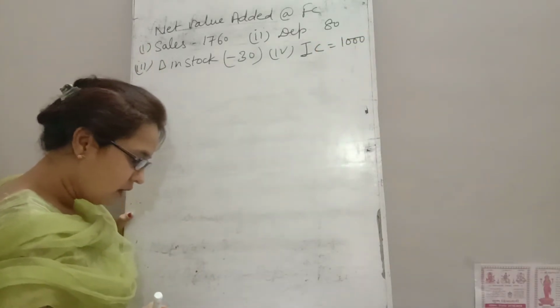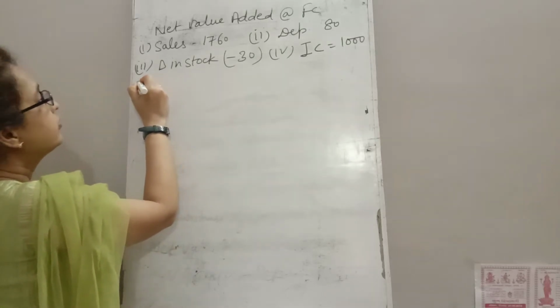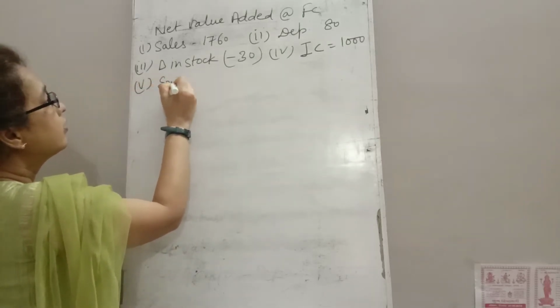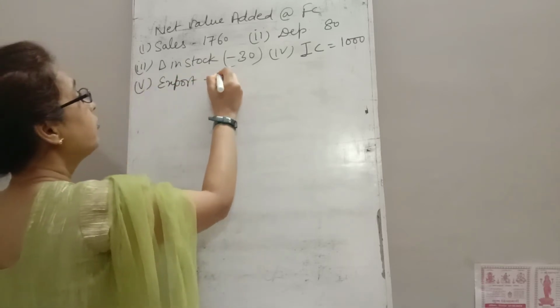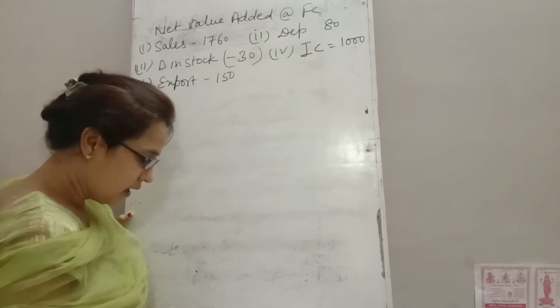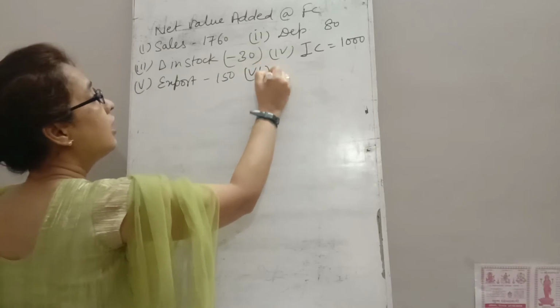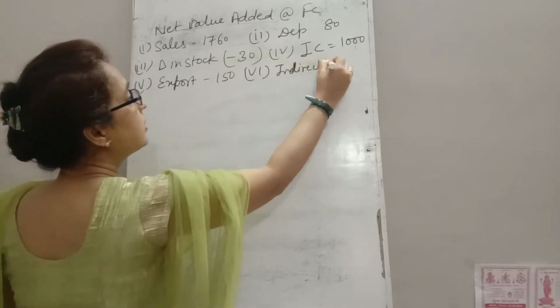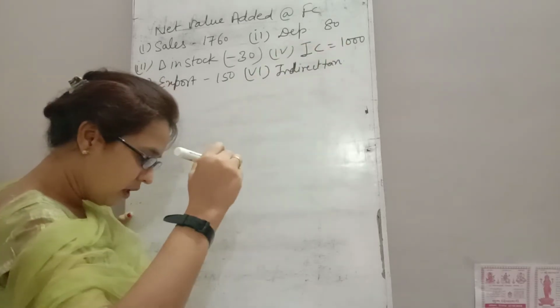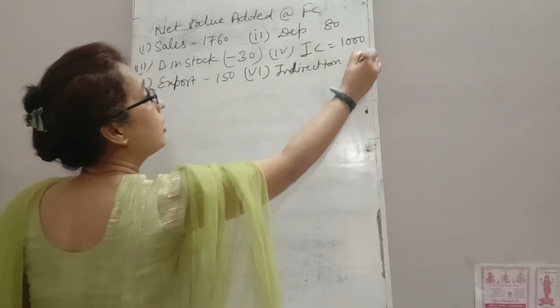Now export, which is 150, and last, they have given indirect taxes, which is 40. Clear?